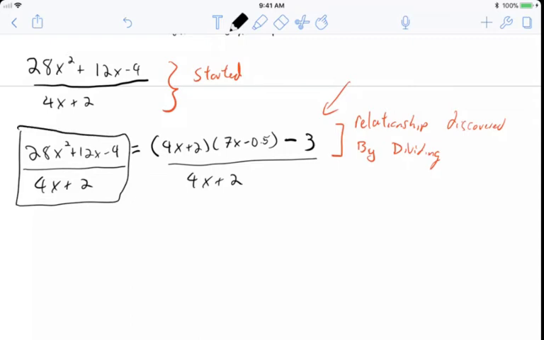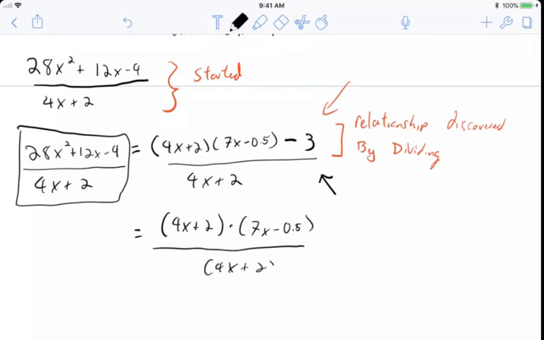I can rearrange this expression, however. I can write it as two pieces: (4x plus 2) times (x minus 0.5) divided by 4x plus 2, minus 3 over 4x plus 2.